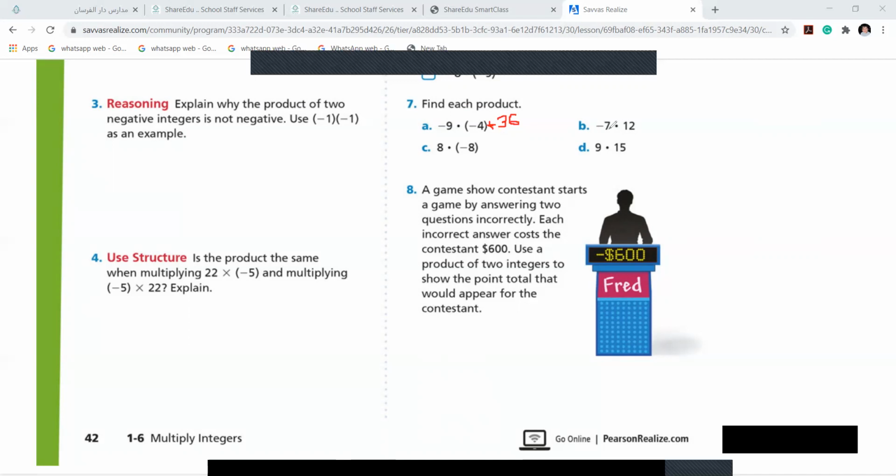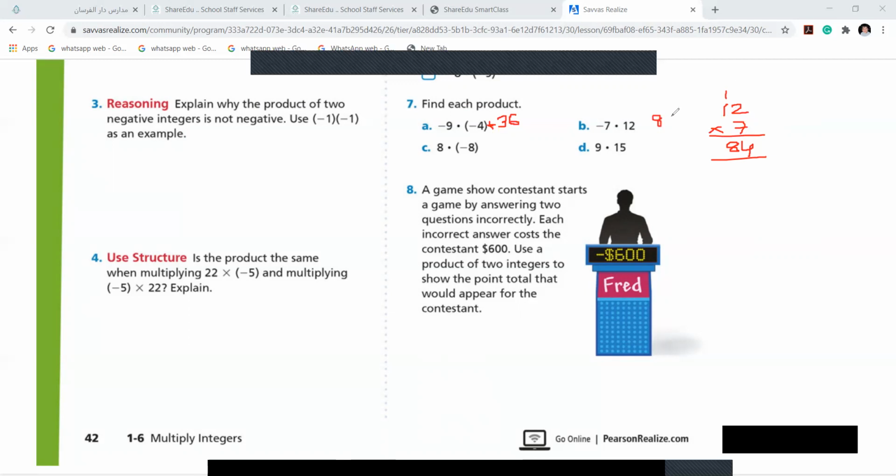Okay, Dana? Miral, can you solve B to me? 12 times 7. 7 times 2 is 14. 7 times 1 is 7 and plus 1, 84. Yes, Miral, tell me the answer. I solved half of the question for you. 7 times 12, it's 84.